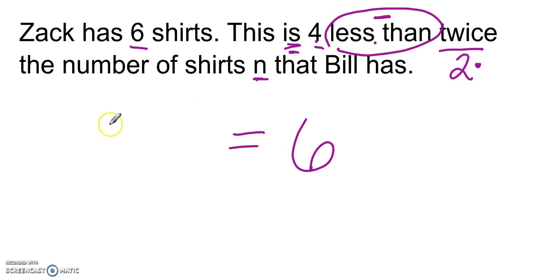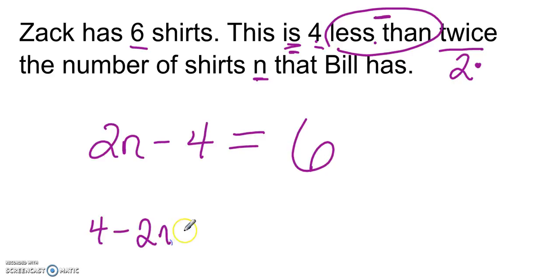So then I'm going to put these pieces together: 2n, twice however many shirts, less than 4, so minus 4. Writing it the other way does not mean the same thing and would not be a correct answer. The order of subtraction matters, and if I'm doing less than, it's after whatever that total is. So this would be my equation.